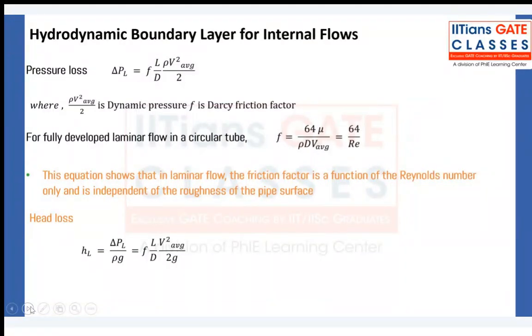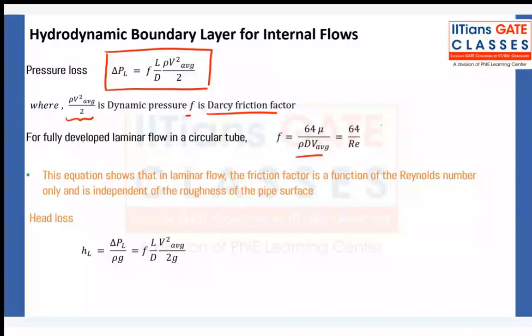So it is also expressed in terms of f L by D times rho V average square by 2, where rho V square by 2 is dynamic pressure and f is the Darcy friction factor. The Darcy friction factor is also defined as 64 mu by rho D V average, which is 64 upon Reynolds number. This formula is also familiar to us.